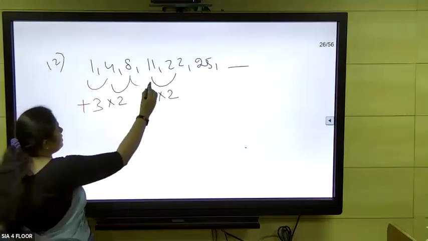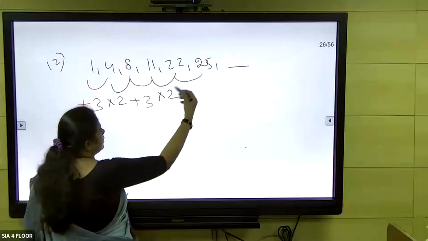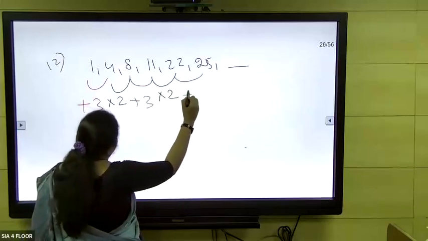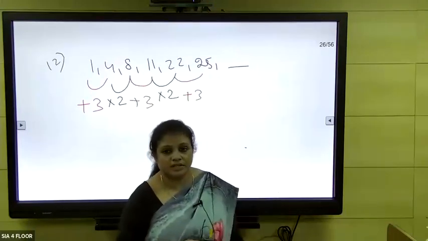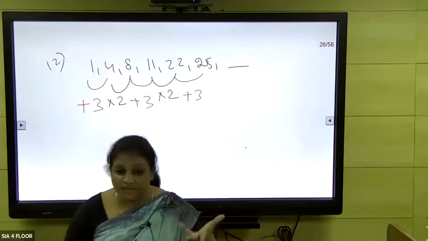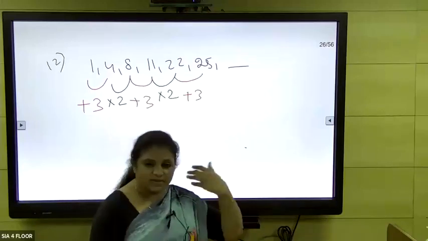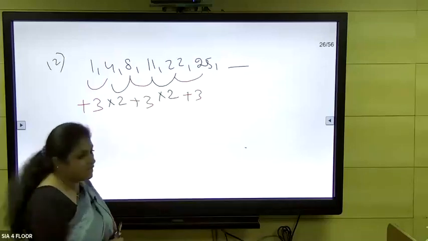What is the way to get 11 from 8? Adding 3. And what is the way to get 25 from 22? 3. So this is called a dual operator. If you have a dual operator inside a sequence, it's not very easy to identify. Sometimes it's confusing, but if you look at the multiples, you'll get it very easily.